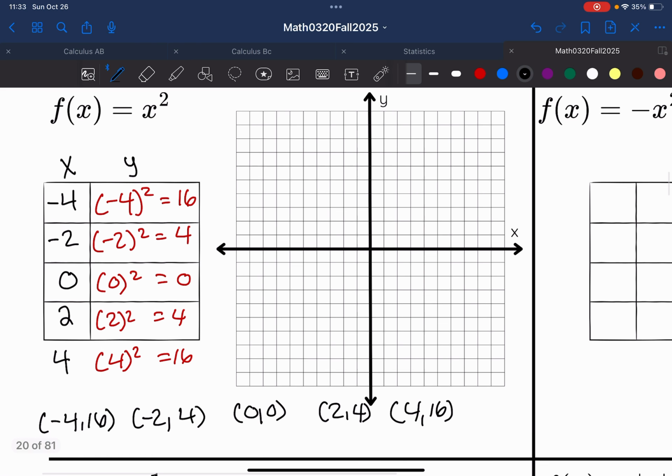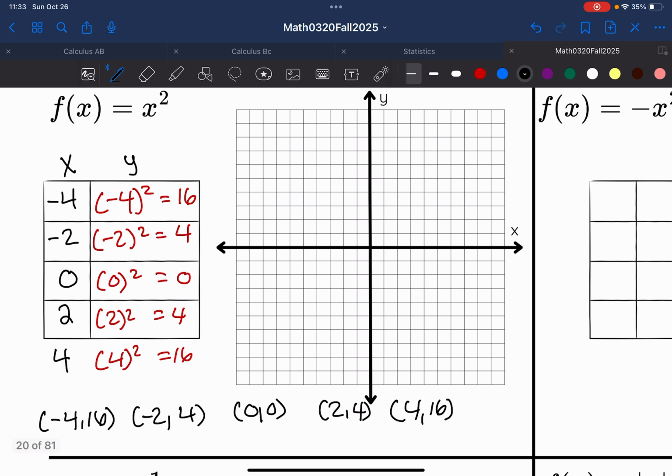When I plot them on my graph, you're going to notice that this graph is not large enough to go up to our highest value, 16. So instead, I'm going to count by twos. All these grid lines that you see, instead of counting by ones, count by twos. For example, this would be 2, 4, 6, 8, 10, etc. Same up here, 2, 4, 6, 8, etc. And then remember, this way is negative, and this way is negative.